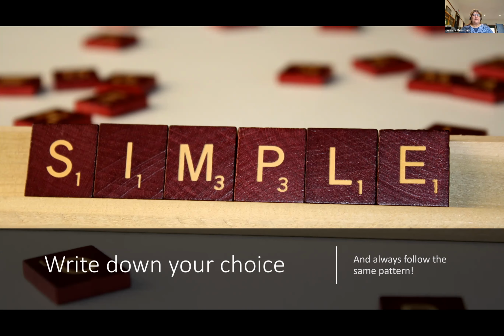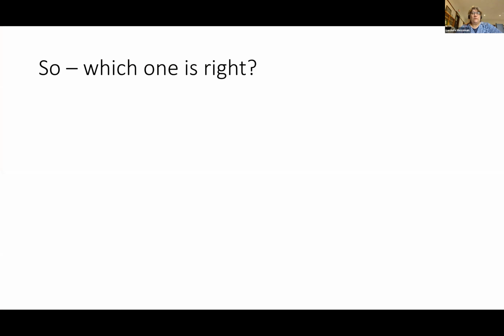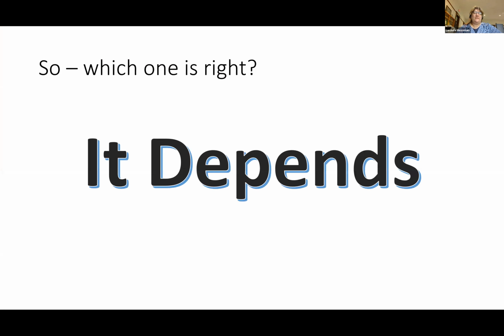With my agendas, I consider them permanent. Other people don't. Well, which one's right? It really depends. Don't you love that attorney answer? Those of you who have been clerks for a while know that's exactly what the attorneys usually tell you.